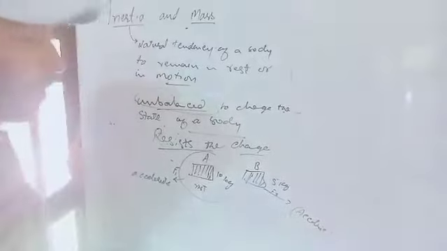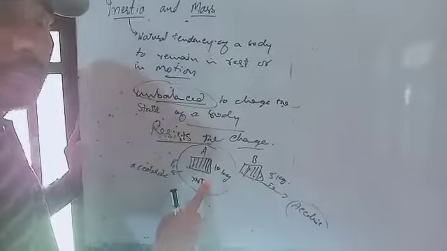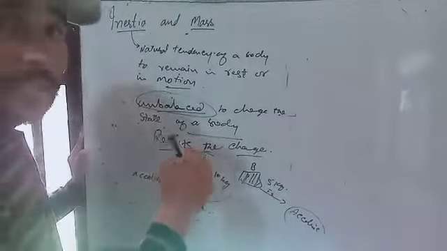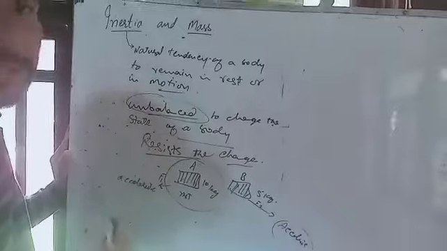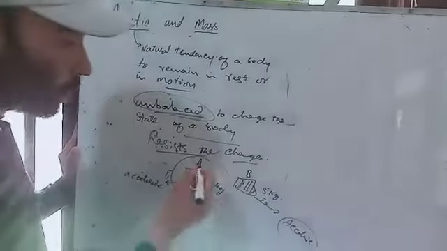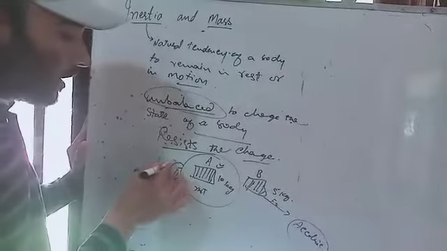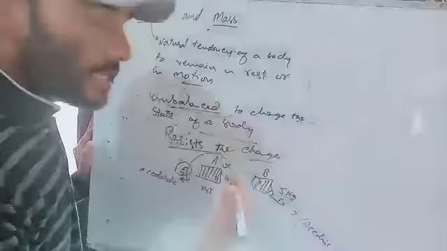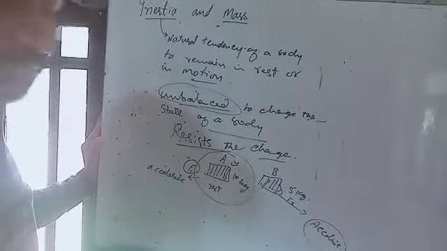That means the mass of the object determines the force which is applied to change the state of that object, to change the inertia of that object. The more the mass, the more force you require to change its state, and the less the mass, the less force is required.